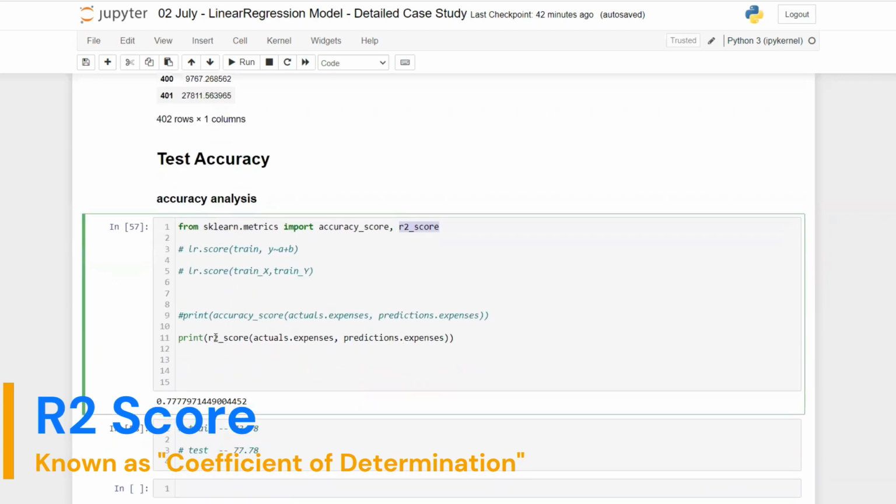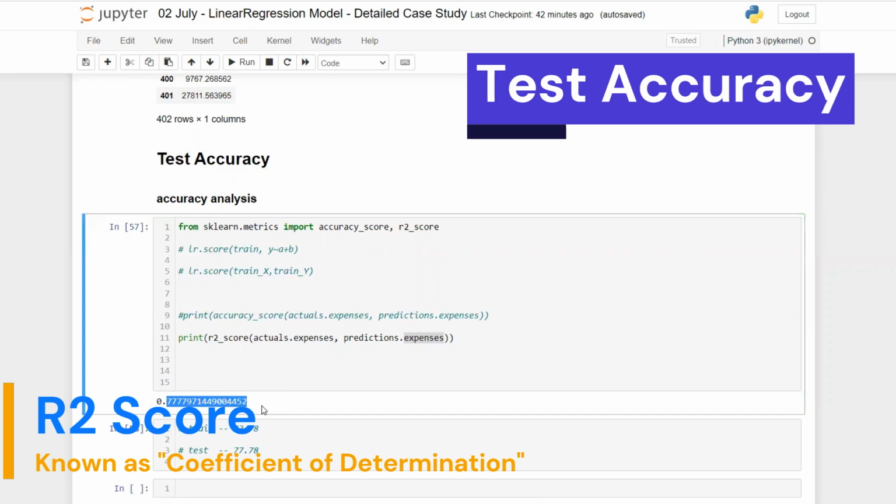The R2 score is the method which you have to use in order to calculate the test accuracy. So what I am doing, guys, is calling this method R2 score. I am passing the actual target of the test data, and the predicted data coming from the model. And here you can see that the test accuracy is 77%.